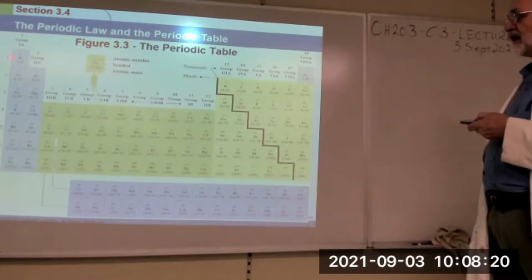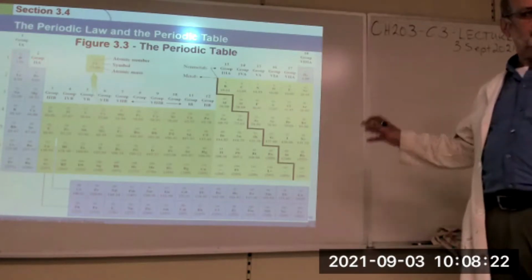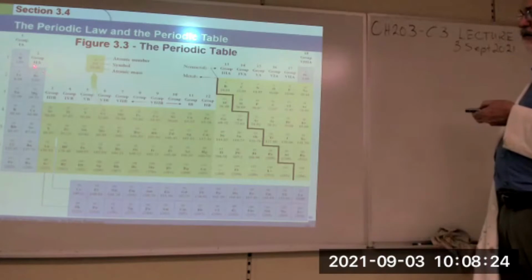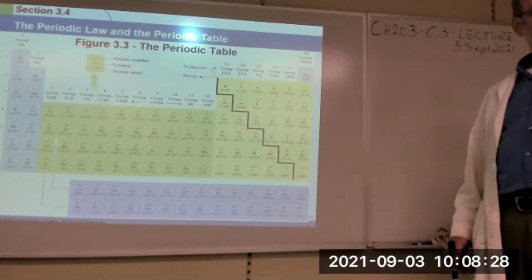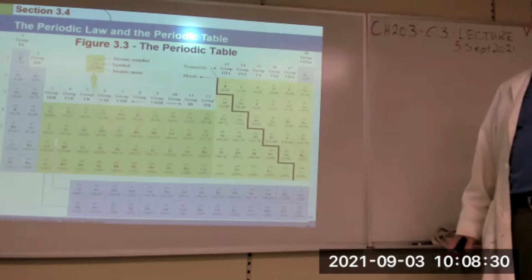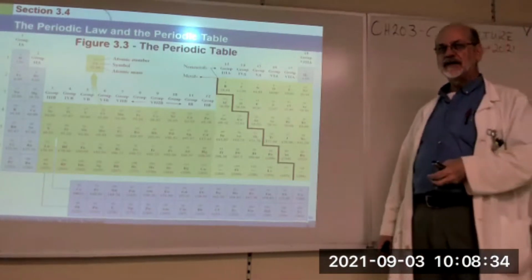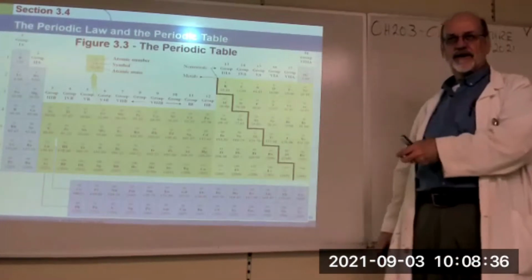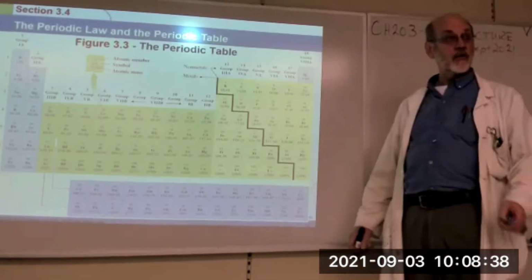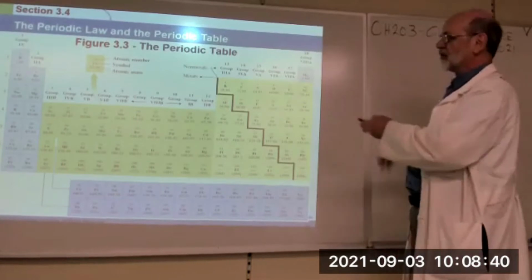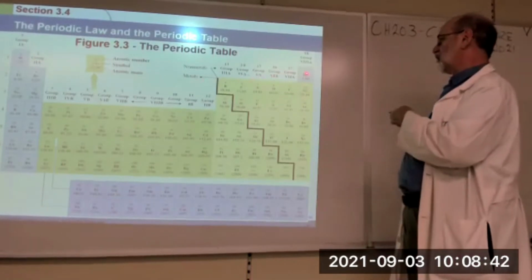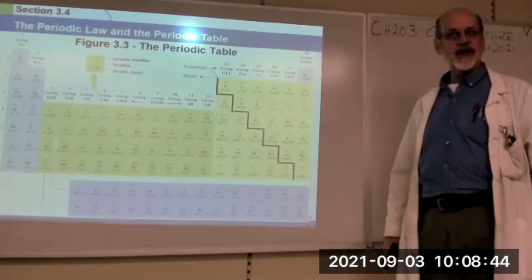This first period has hydrogen and helium in it. That's it. And the only reason we put hydrogen over here above the alkali metals is just for balance. Hydrogen is an animal unto itself. It doesn't act like any of the other elements. So we really put it wherever we want to. And for balance, we put it over here, and then we put helium over here because it does behave like a noble gas.